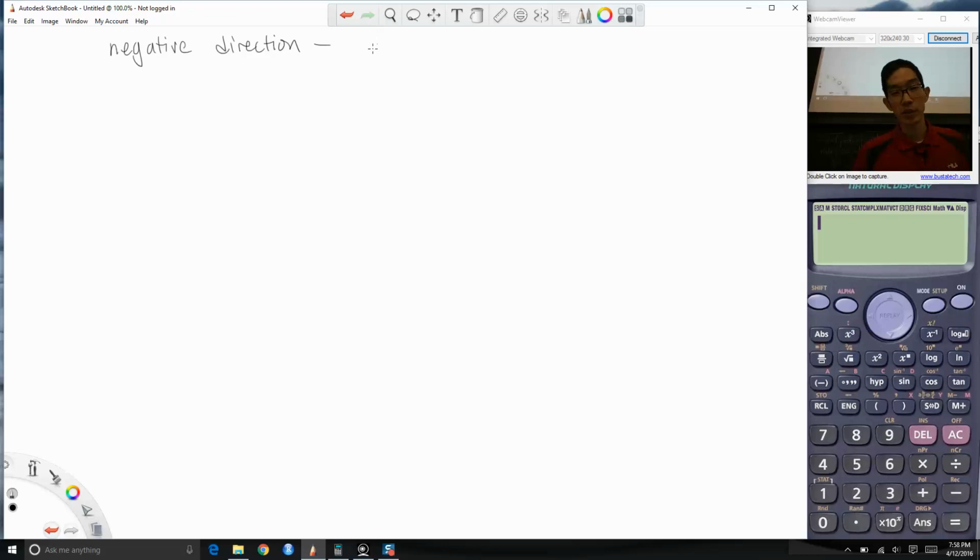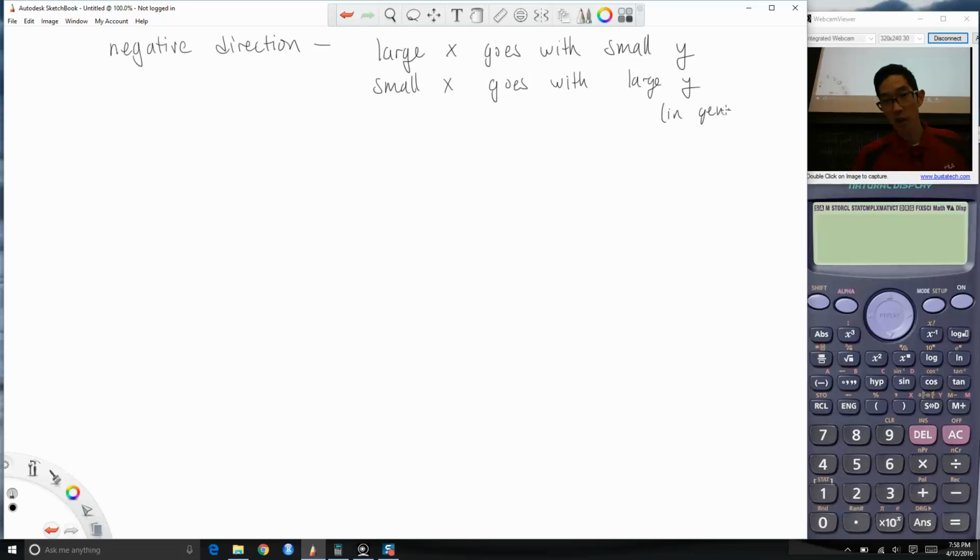This means large x goes with small y, and small x goes with large y, again, in general. So the trend for negative direction would look something like this.